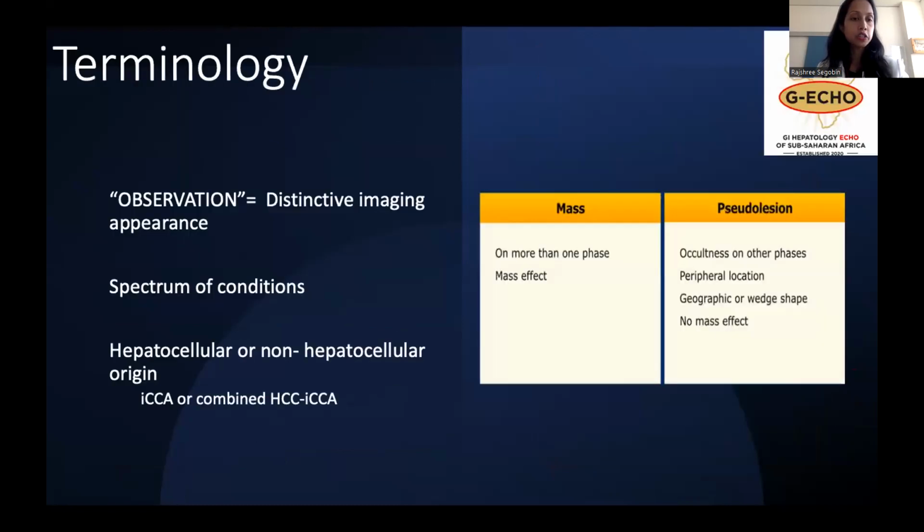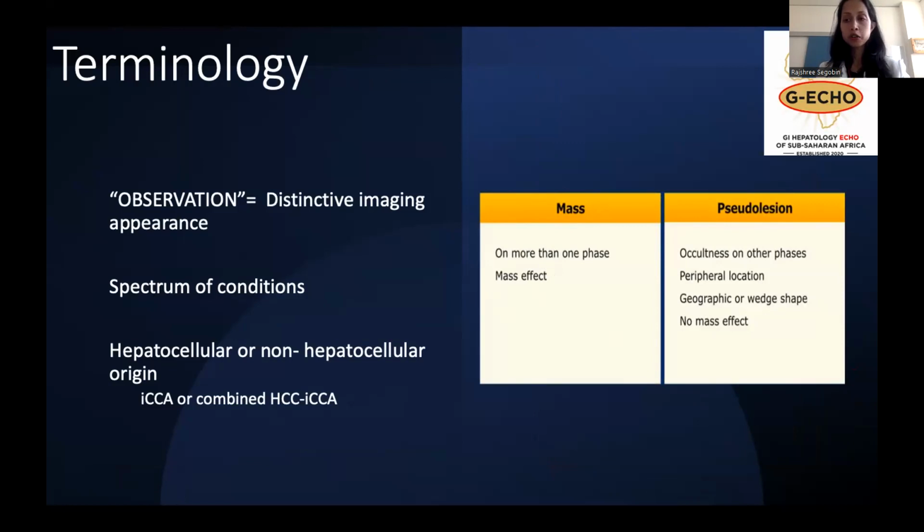Some more terminology. So in LIRADS, we do not use the word lesion because the word lesion can often imply only a mass. So a mass classically is seen on more than one phase, whereas the term observation encompasses all other abnormalities that look distinct compared to the liver parenchyma.